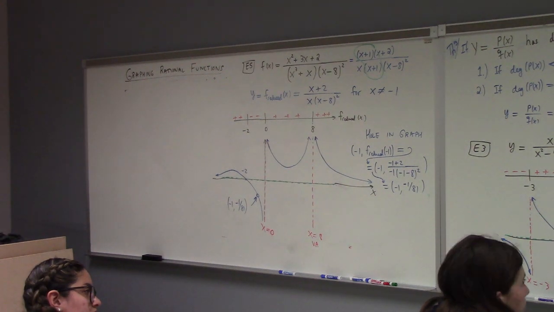So the way this works is I've got x minus 1 squared over x plus 1 times x minus 1. So you see what happens here. We get x minus 1 over x plus 1 for x what? X not equal to 1.